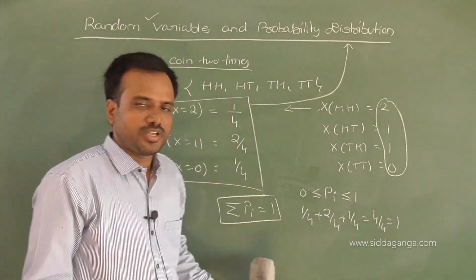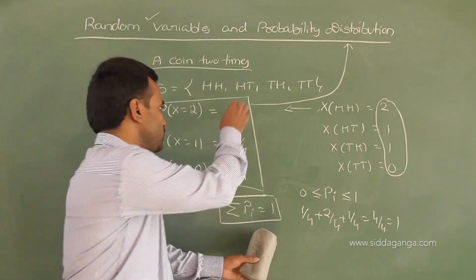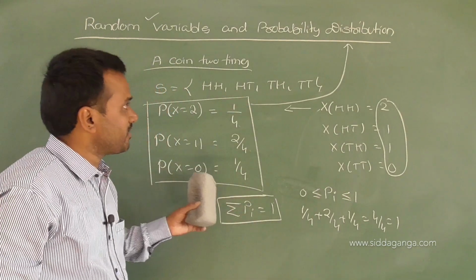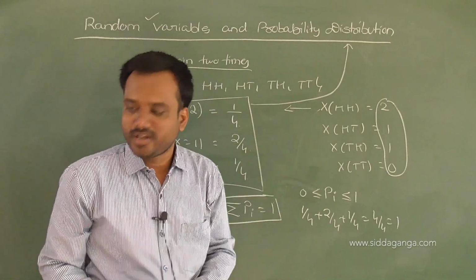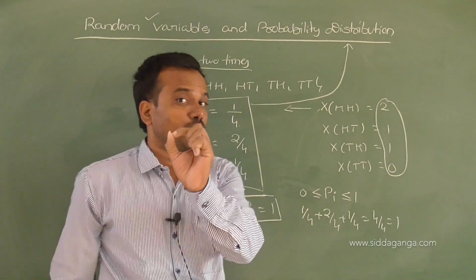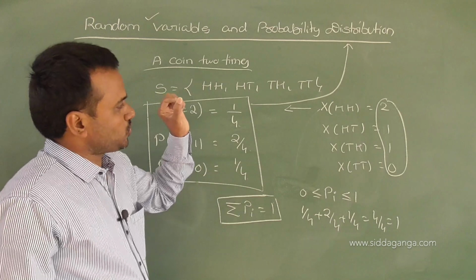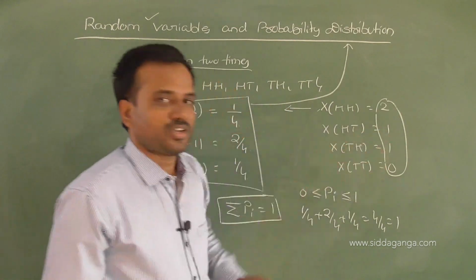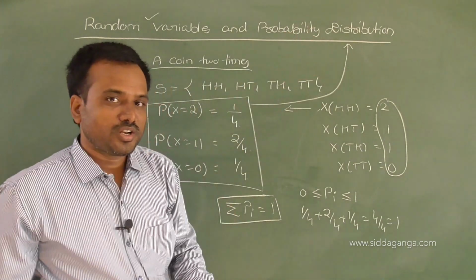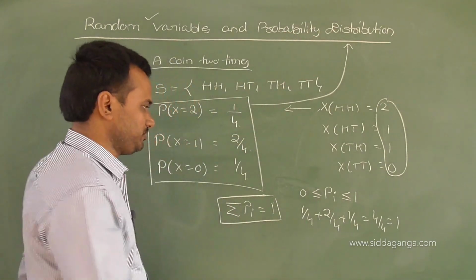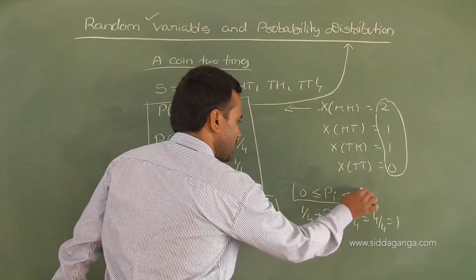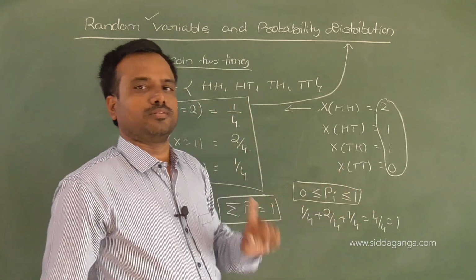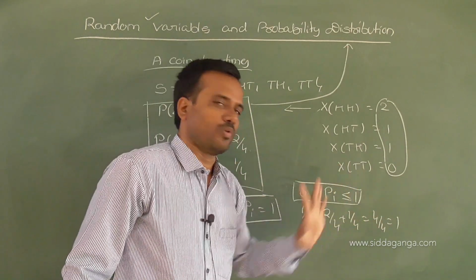If summation is equal to 1, then only we call these probability values a probability distribution. Very important topic. The probability values for each random variable is called probability distribution, and it satisfies one condition: Pi values lie between 0 and 1, not negative, not more than 1.